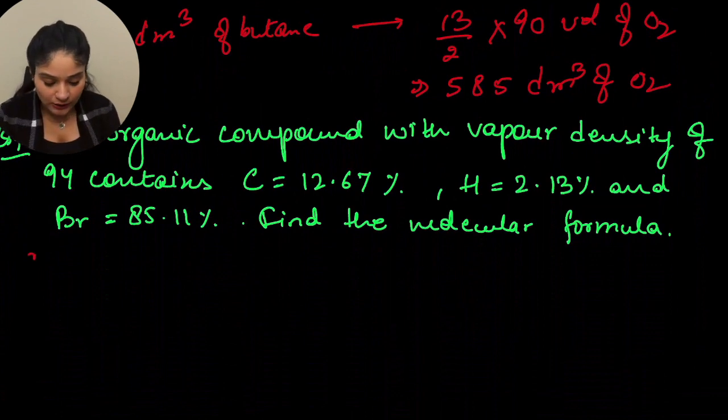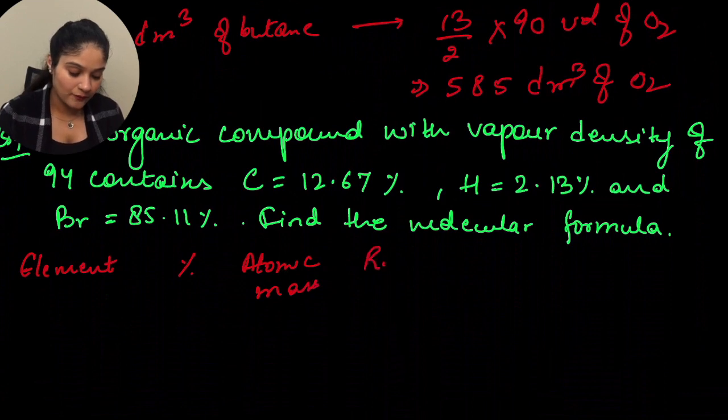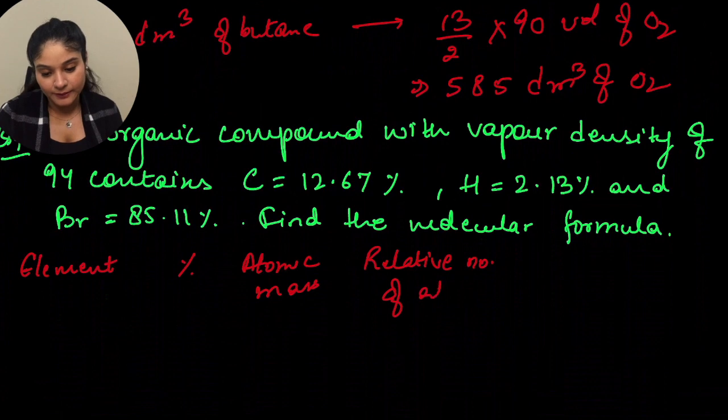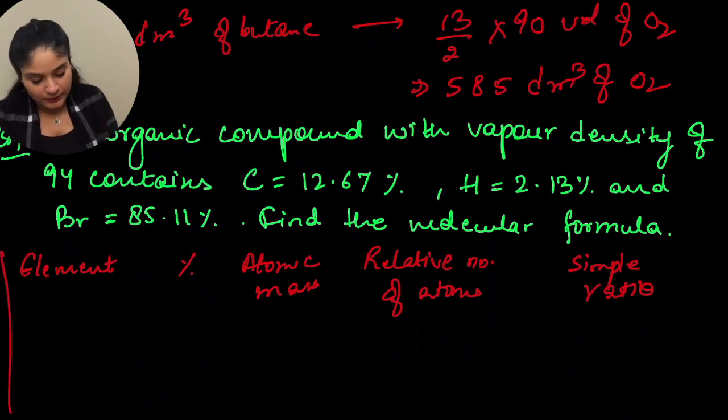When you make the chart, the first column is element, the second column is percentage, then the next one is atomic mass, then you have relative number of atoms, and then you have the simple ratio. Okay, now let's make the entire thing.